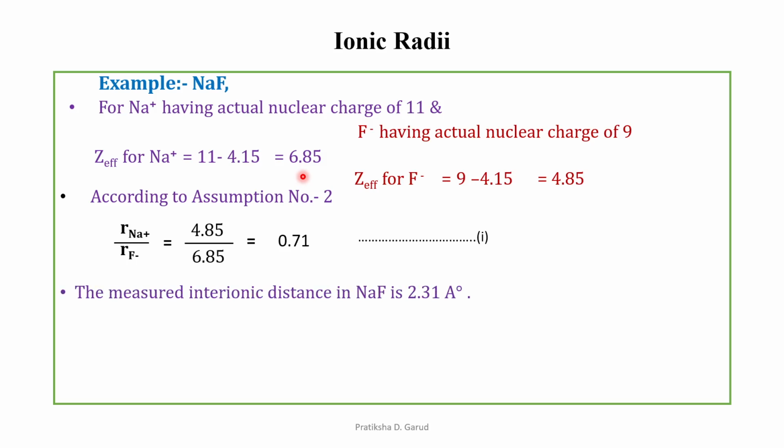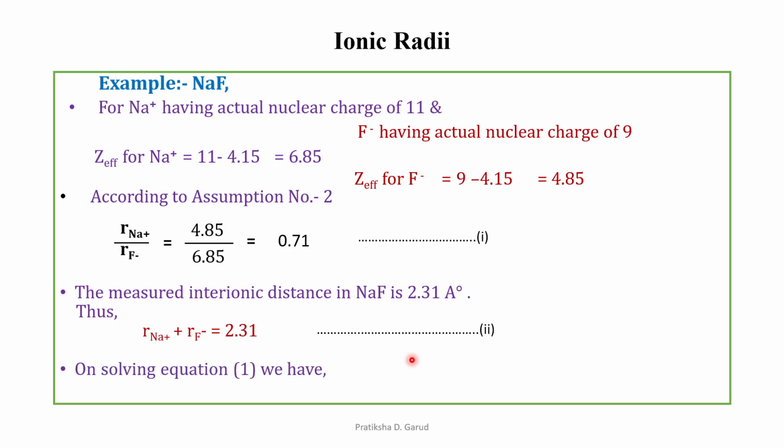Then the measured internuclear distance for sodium fluoride is 2.31 angstrom. This value is known to us. That means we can say that D is equal to 2.31, right? So the radius of Na plus plus the radius of F minus, radius of cation plus radius of anion, is equal to 2.31, which is equation number 2.